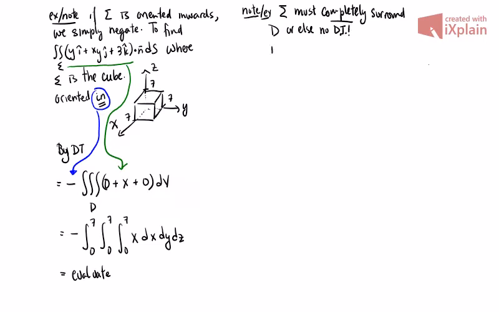So for example, if sigma is a cylinder but not the ends, right, so if you have a cylinder but you can pass through it, in other words it's not capped off, it's like a tin can but you remove both ends, then you cannot use the divergence theorem here.